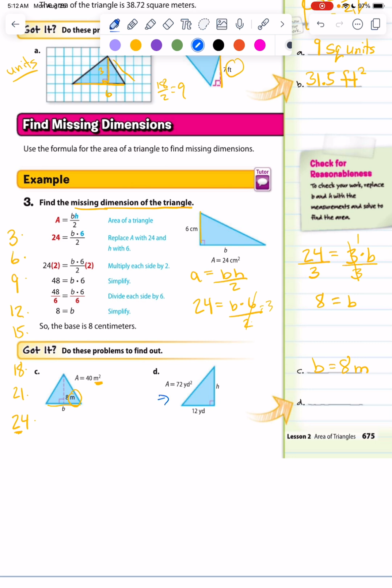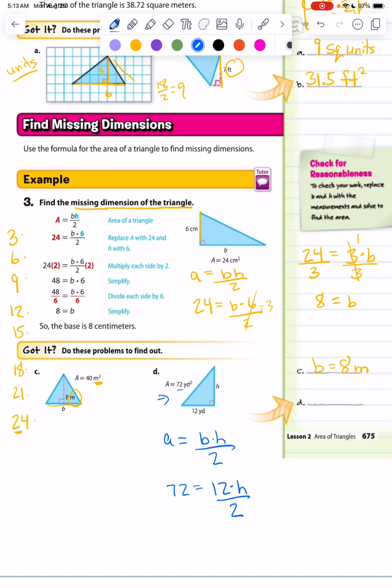Let's take a look at this one. Here we have area equals base times height divided by 2. So the area is 72 yards squared. Okay, so 72 equals, and our base is 12, and we don't know the height.